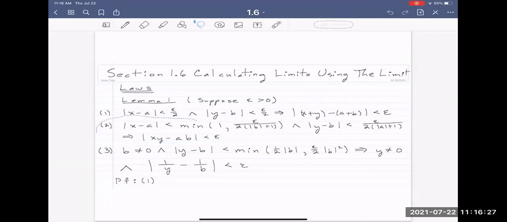If you look here, this is what we used when proving the limit of a product is the product of the limits.